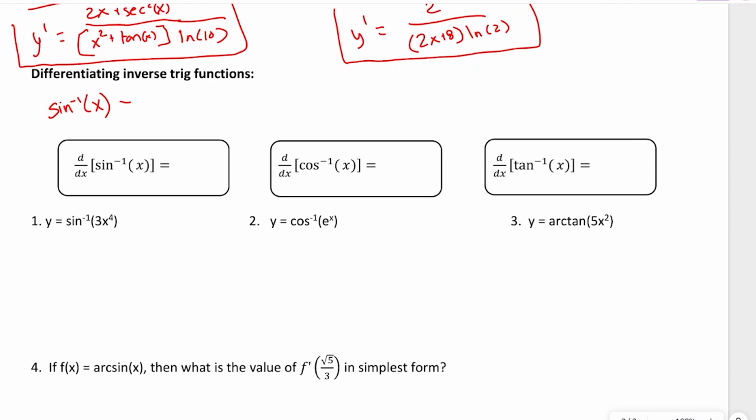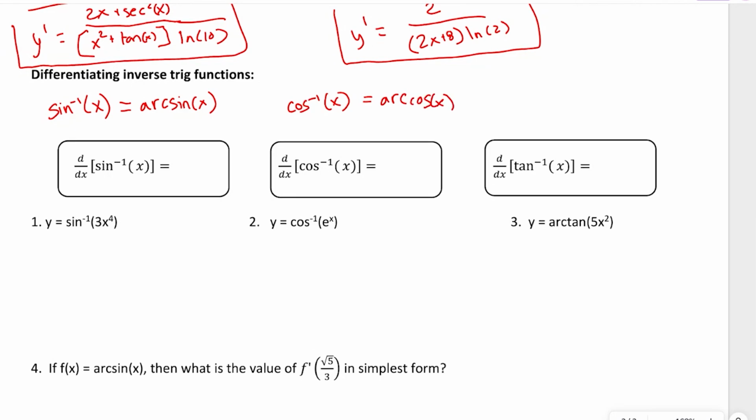But there's another way of writing this, and it's arc sine. So these two functions are the same, just two different ways of writing the same thing. Same thing goes for cosine. This inverse cosine can be written like this, or it can be written as arc cosine. And that's going to be true for all of these inverse trig functions. There's no guarantee on the AP test which of these forms you're going to see. I think it's going to be kind of a mix, so you want to make sure that you're comfortable with both of these notations.